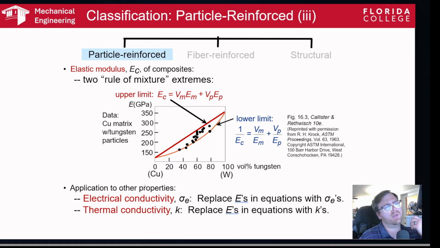Okay, and this also has application for other properties as well. For electrical conductivity, we can replace the Young's modulus in these equations with our sigma e's, which is a value of electrical conductivity. Then for thermal conductivity, we can replace the E's in the equations with k's. Now, we have not discussed in this course electrical conductivity and thermal conductivity in detail.